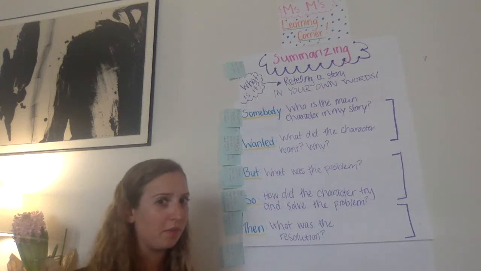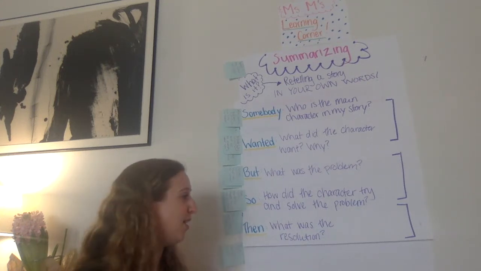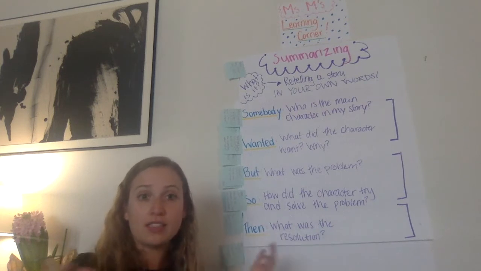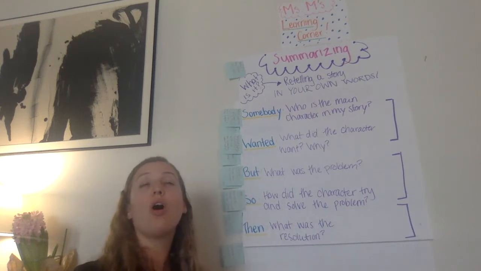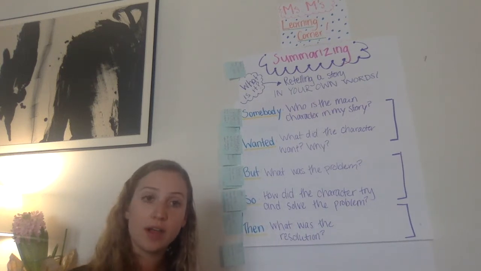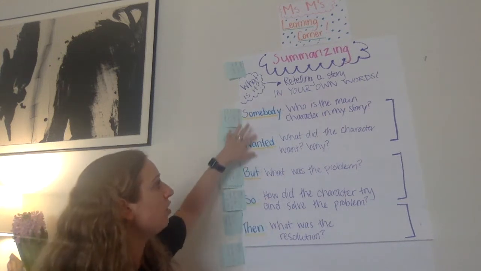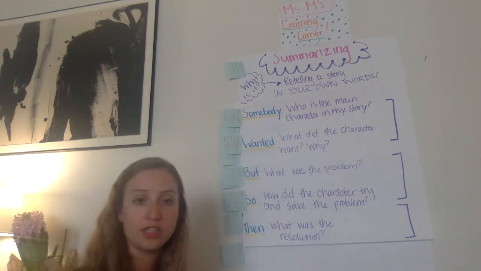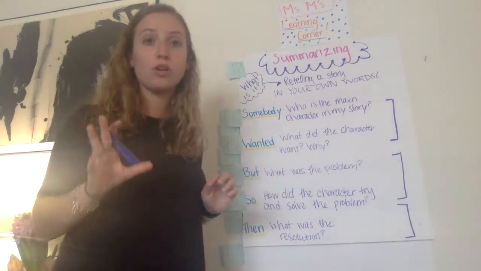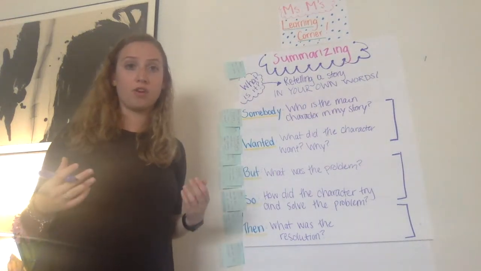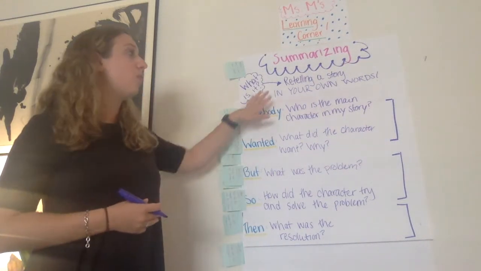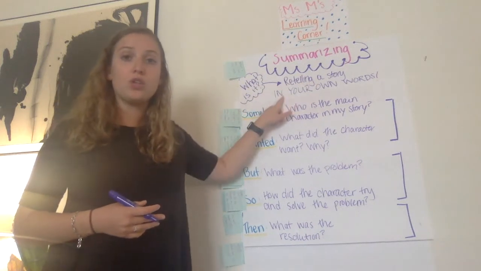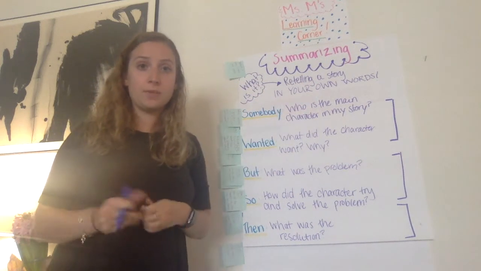Do you guys remember what it means? The resolution of a story is the end of a story. How does it all work out in the end, okay? So these are your 5 sentence starters and your 5 questions that you are going to ask yourself when you're summarizing a story or when you're retelling a story using your own words.